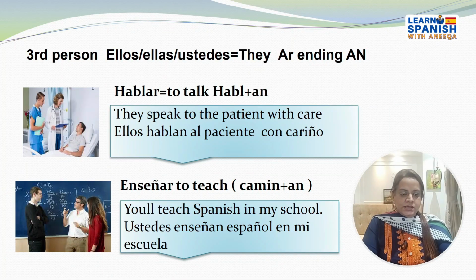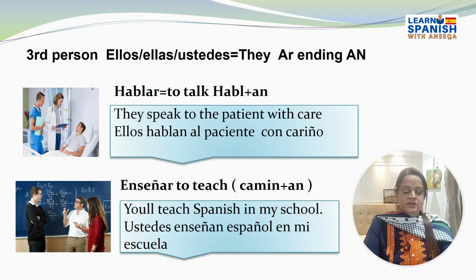So this is a very simple way, students, by understanding the AR endings, to conjugate them in Spanish. I want you to also do some conjugation of regular verbs in the AR form, which I will be giving in my description section.